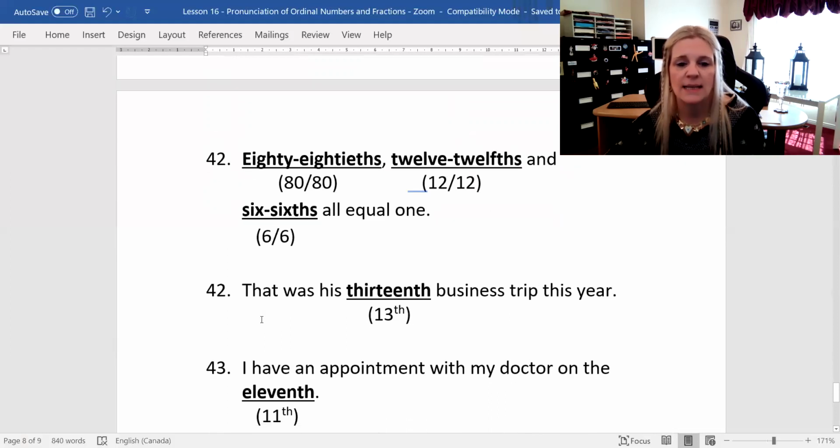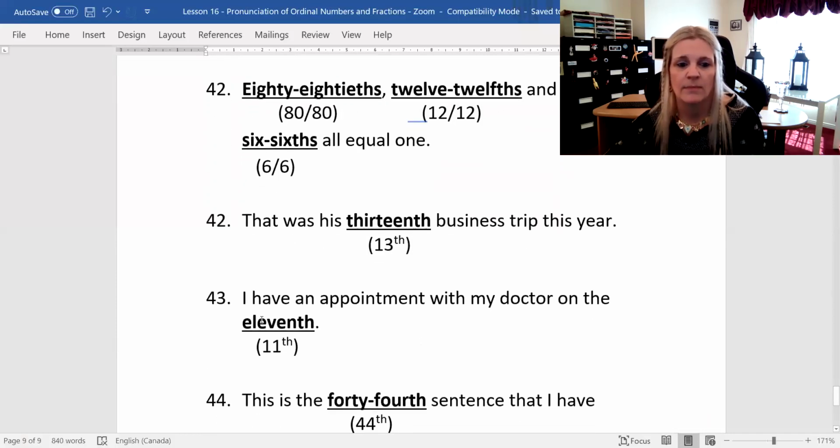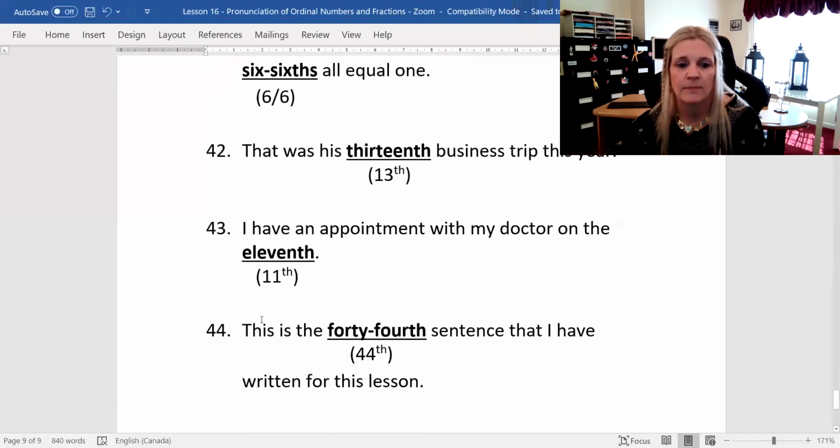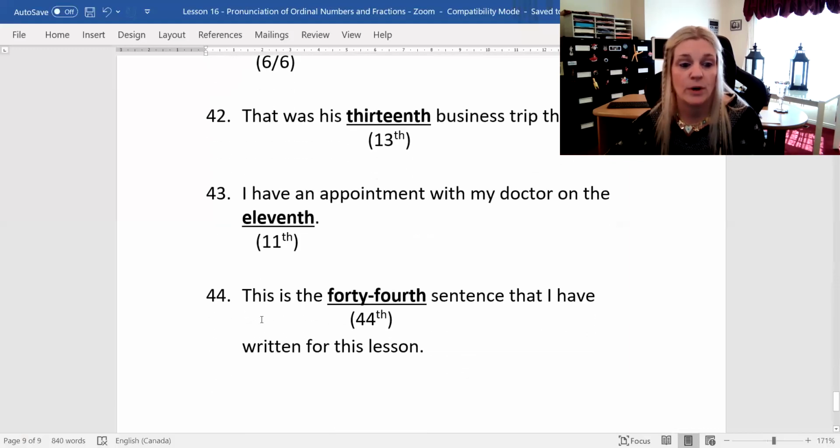That was his 13th business trip this year. I have an appointment with my doctor on the 11th. And number 44, this is the 44th sentence that I have written for this lesson.